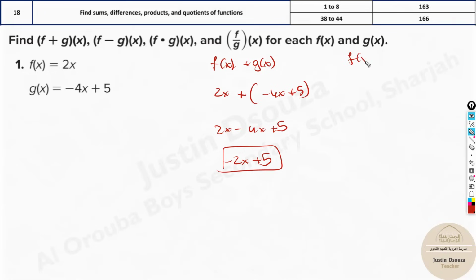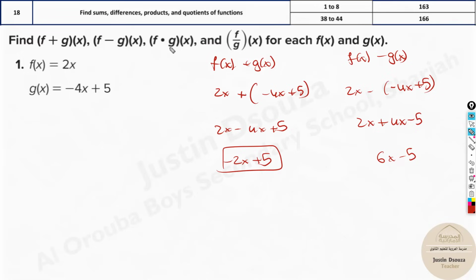If it is subtraction, it'll be the same thing, but it's only minus over here. It'll be 2x minus 4x plus 5, and we will have 2x plus 4x minus 5 this time, and you can see it'll be 6x minus 5. Adding and subtracting is very simple and straightforward.